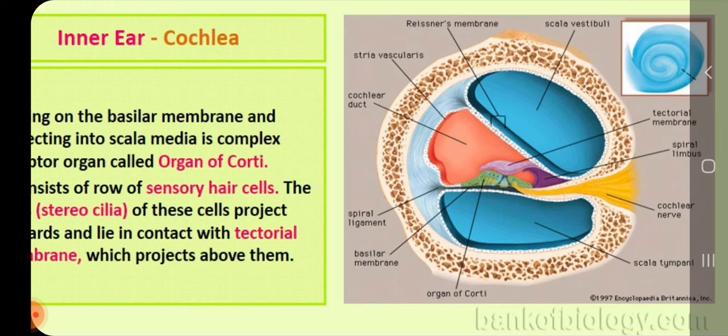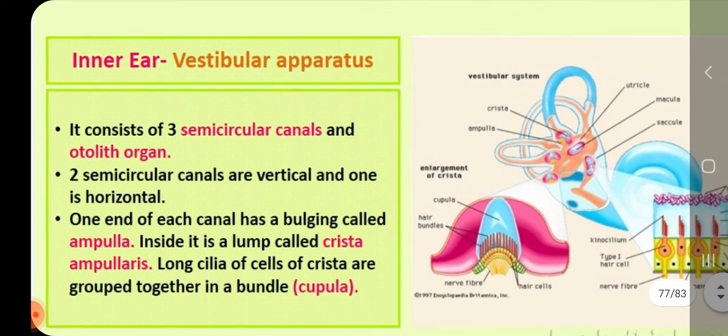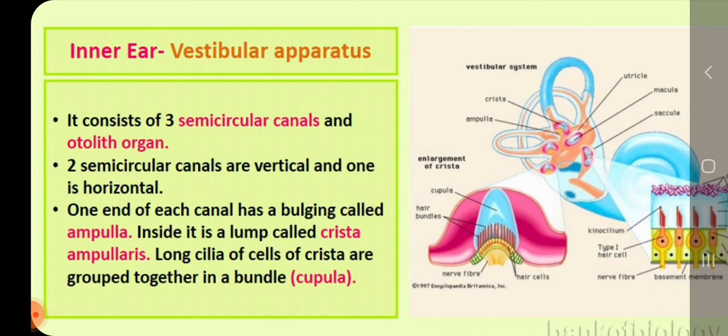Okay, then the next part, the organ of Corti, is present on the basilar membrane, where this organ of Corti contains the hair cells, and those hair cells act as the auditory receptors. Auditory receptors means they have the capacity to receive the stimulus.